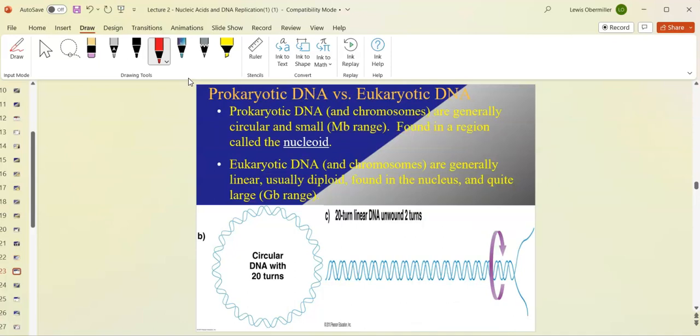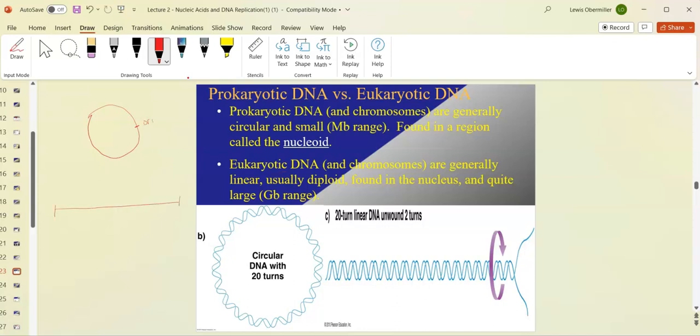Prokaryotic DNA versus eukaryotic DNA. So prokaryotes have chromosomes, but they don't contain histones, so they're not mixed in with protein. Generally, they're circular and small. So it's like this, and they have a single origin of replication. Eukaryotic DNA is generally very long.